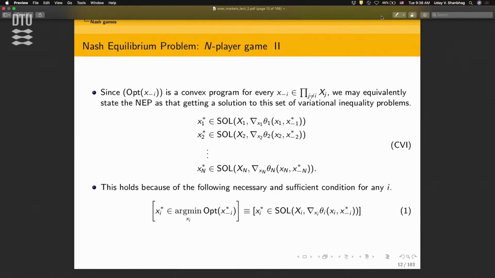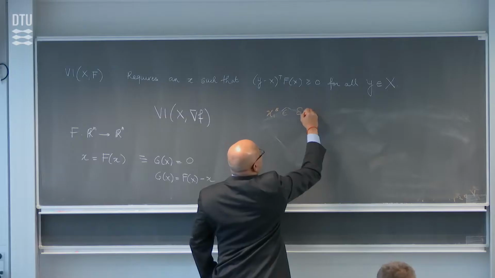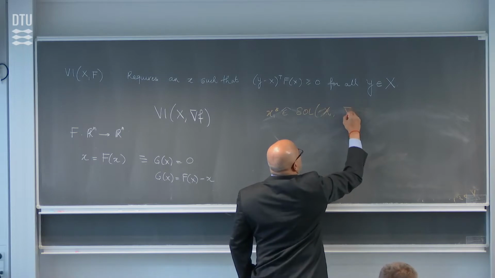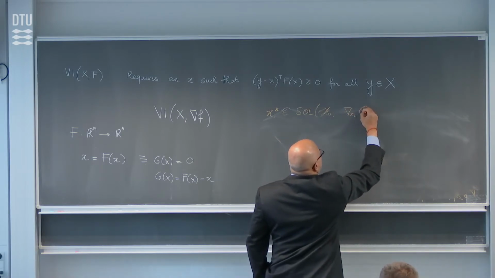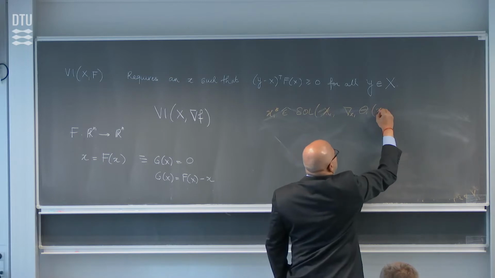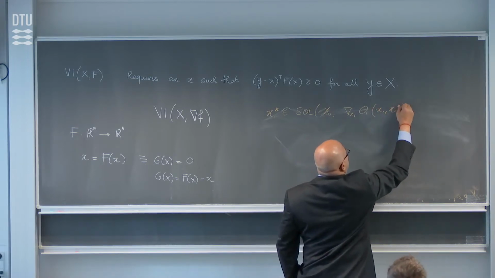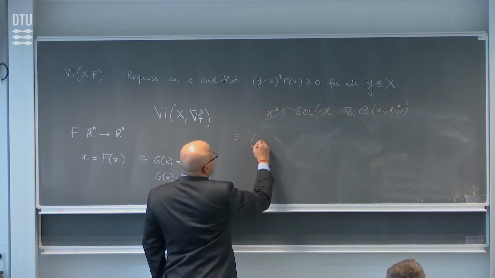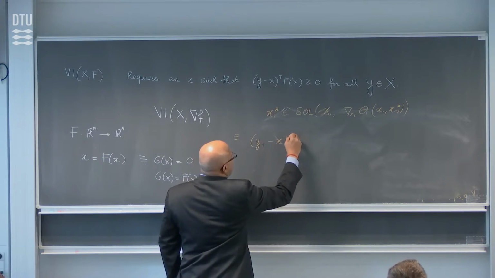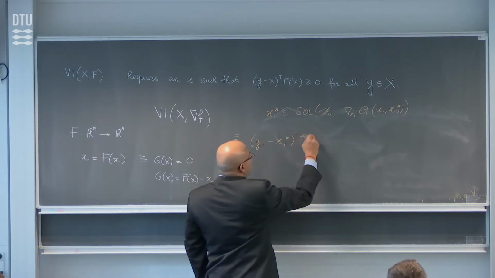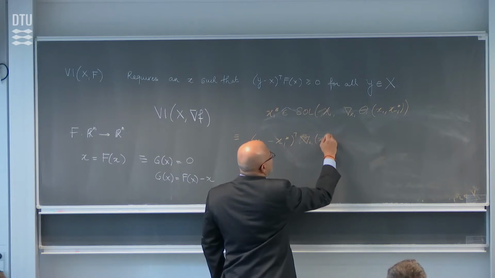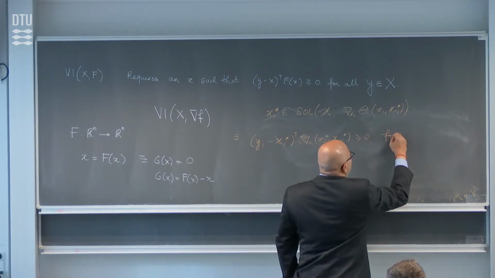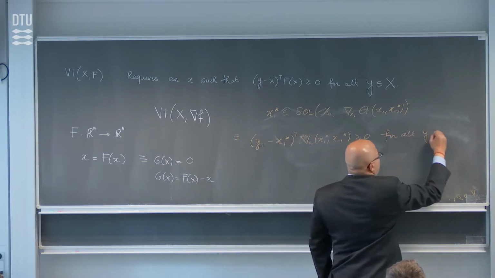If you look at x1 star in the solution set of the first player's VI, that is equivalent to saying (y1 minus x1 star) transpose times the gradient with respect to x1 of theta 1 at (x1 star, x_{-1} star) is greater than or equal to 0 for all y1 in X1.